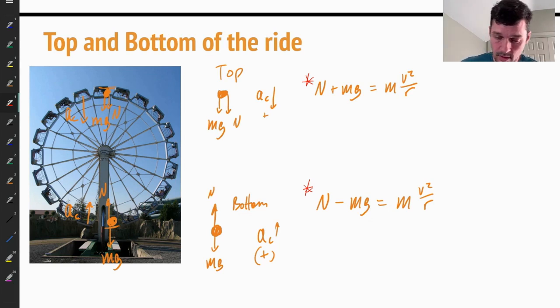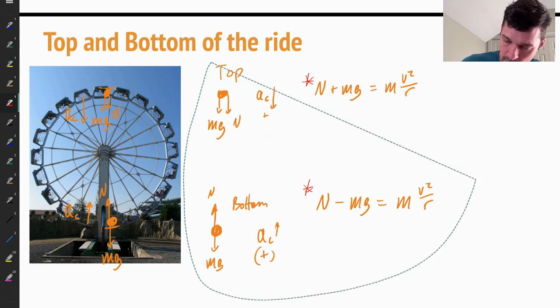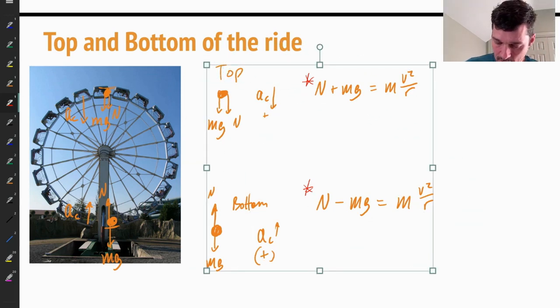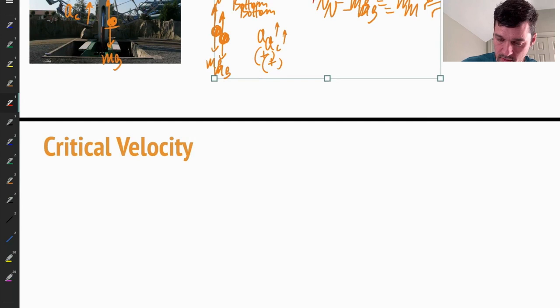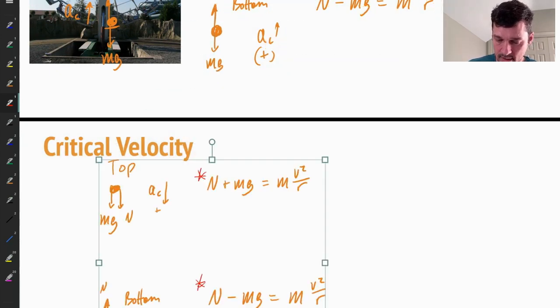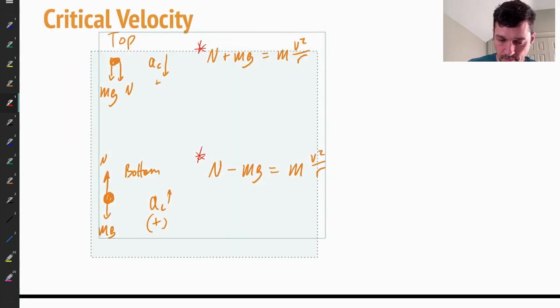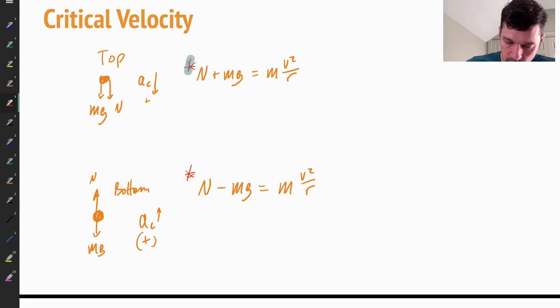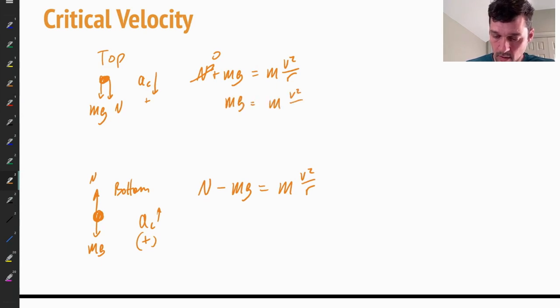So let's consider what's going on in this situation at that moment when the normal force becomes 0 at the top of the ride. If the normal force becomes 0, then what we're left with is just mg equals mv squared over r.